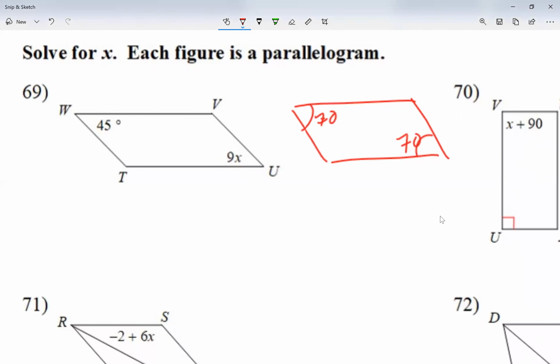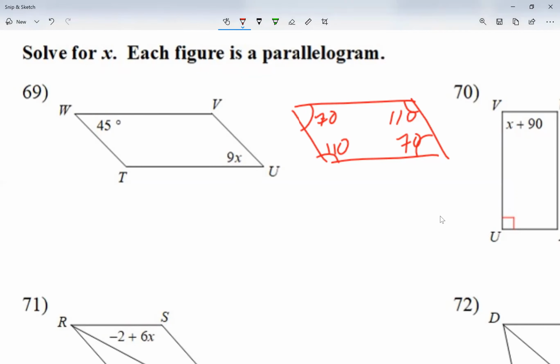Opposite angles are equal. Now, adjacent angles are two angles that are next to each other. They add up to 180. So if one of them is 70, the other one is 110 because they have to add up to 180. Okay, so that's the interesting part of angles.